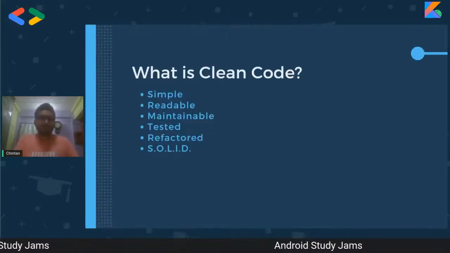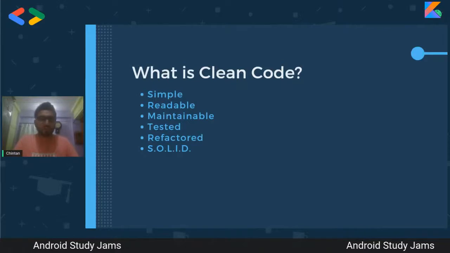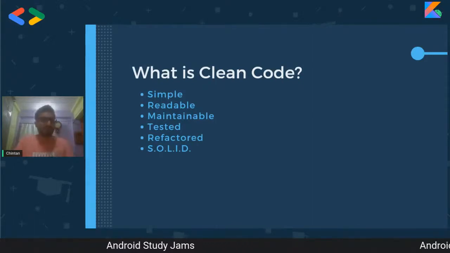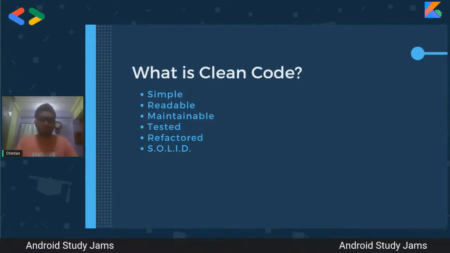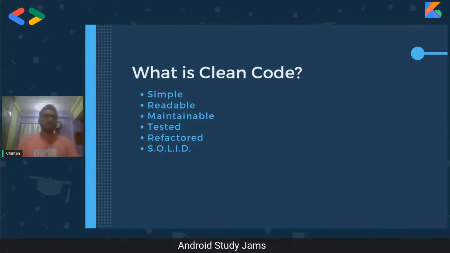So what is clean code? Clean code is simple, readable, maintainable, tested, refactored, and code which follows SOLID principles, or maybe you can say your object oriented principles if you are building with an object oriented structure. So what does simple mean?